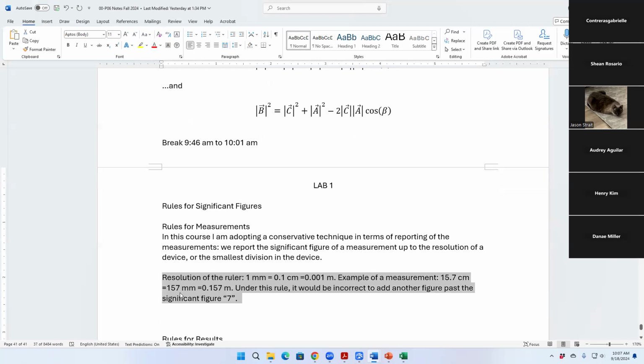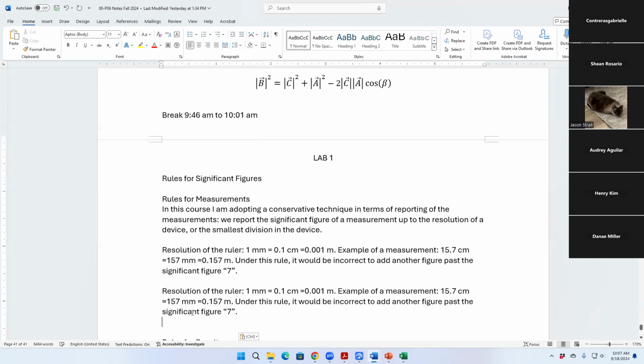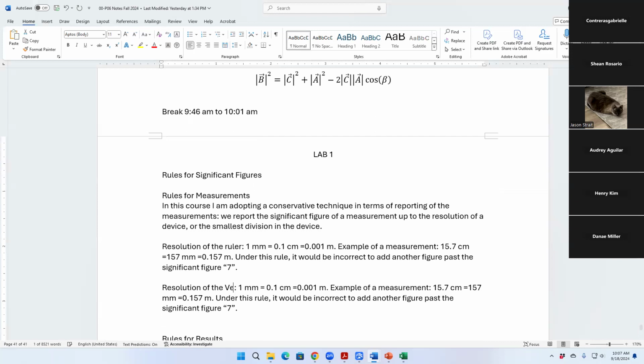And then let's look at the resolution of the vernier caliper. The resolution of the vernier caliper that we have at the college is 0.1 millimeters, or 0.01 centimeters, or 0.0001 meters. So in the case of the vernier caliper, we can add the 0 here because it has a higher resolution than the ruler.